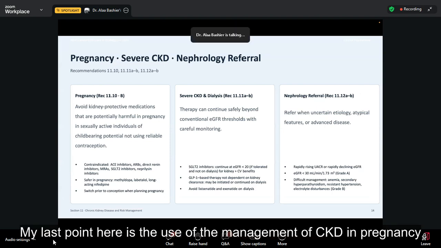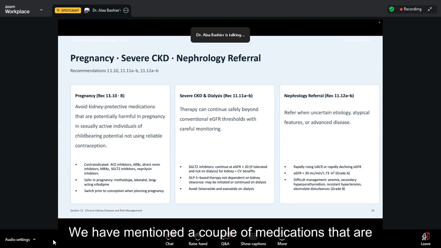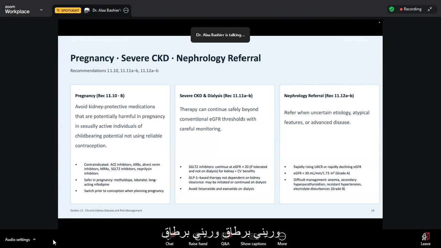So my last point here is the management of CKD in pregnancy. We have mentioned a couple of medications that are renal protective and cardioprotective agents, like the RAS blockers, the SGLT2 inhibitors, the GLP-1, finerenone.